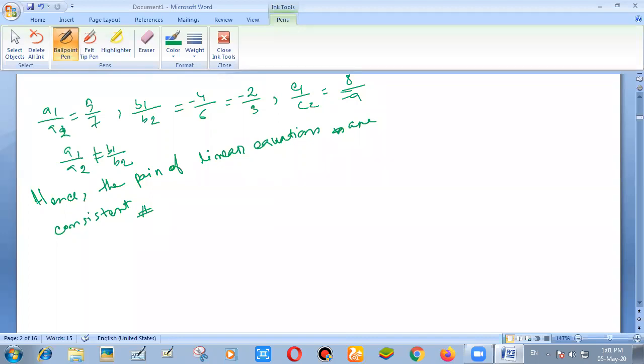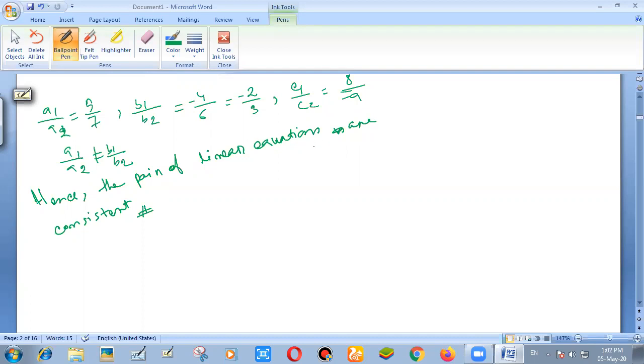You can write here. See the first question, all of you. Since the question asks whether it intersects or not, here it will intersect. So you can change the statement: hence the pair of linear equations will intersect each other. You can write this also: hence the pair of linear equations can intersect each other.